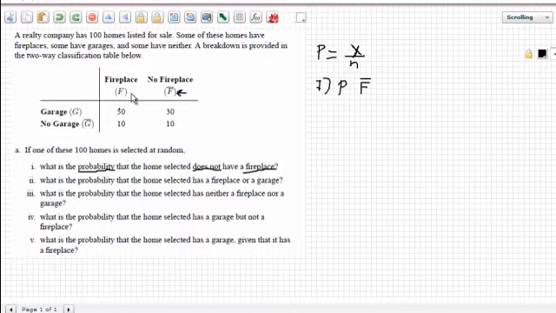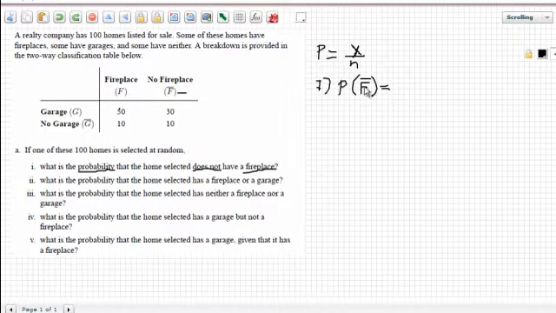So if having a fireplace is denoted by F, then not having a fireplace is denoted by F bar. That's all we need over here. This reads exactly from left to right, the probability of the house not having a fireplace.